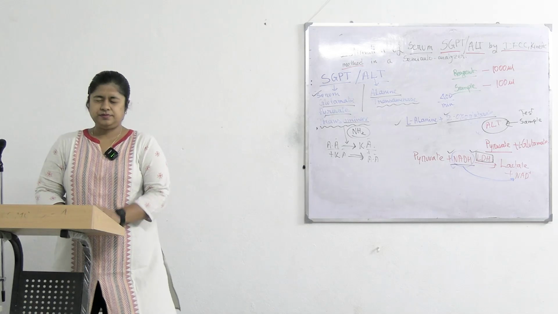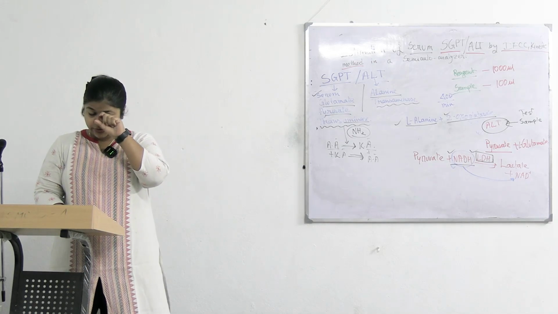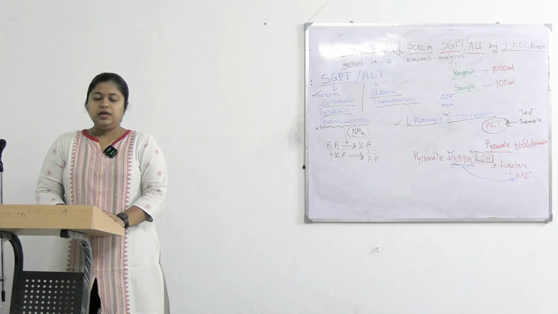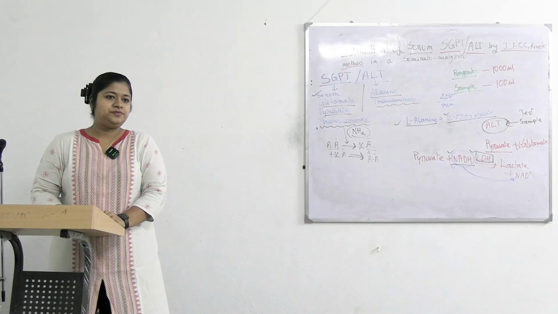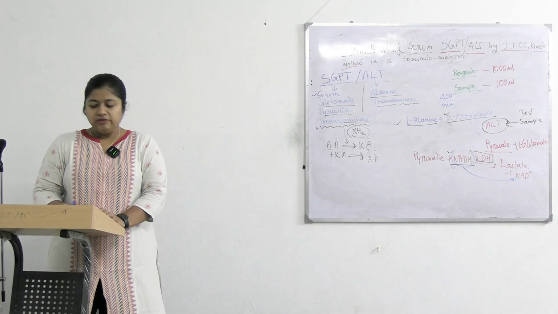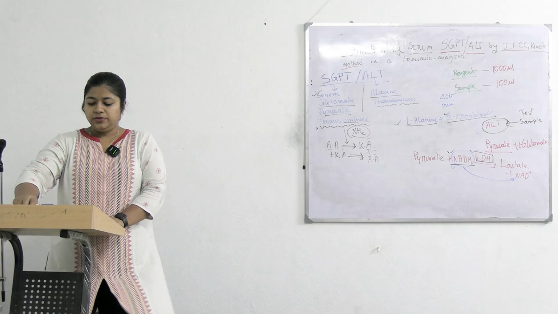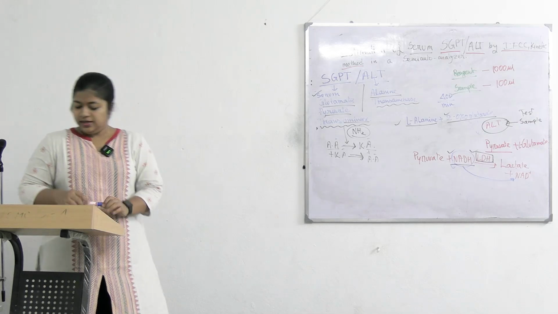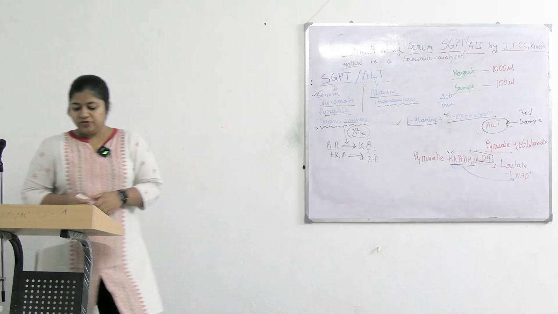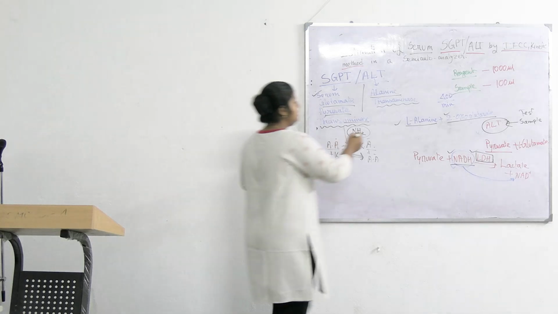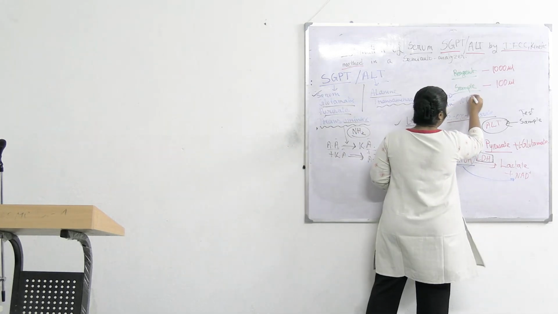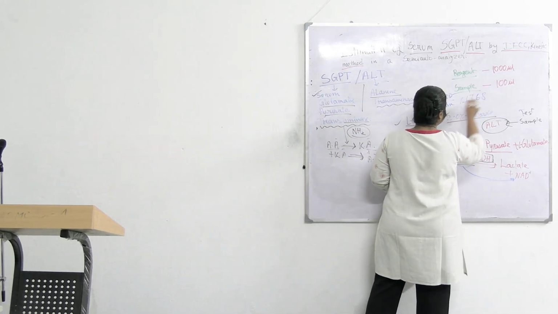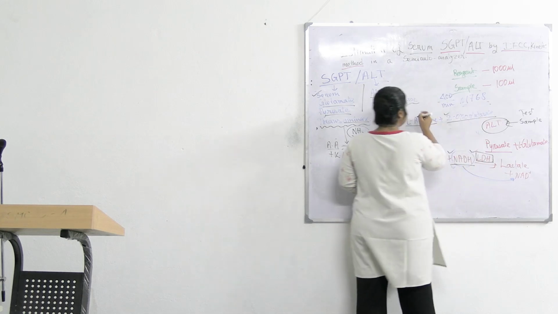And the unit here is international unit per liter. And what is the reference range? I will come to that later. For the calculation part, a factor is also provided, and the factor is 1768. This is the factor provided for this kit.